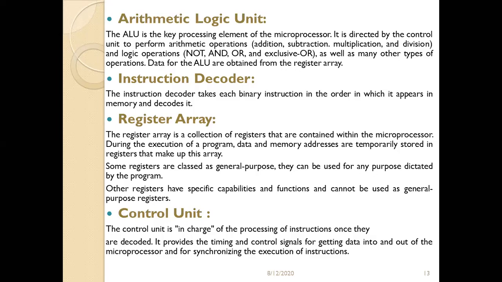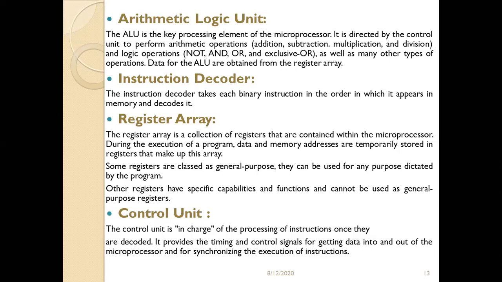Basically, the instruction would be in the form of binary code. The instruction decoder decodes this and tells the processor what to do. The instruction decoder takes each binary instruction in the order in which it appears in memory and decodes it and tells the microprocessor what to do.